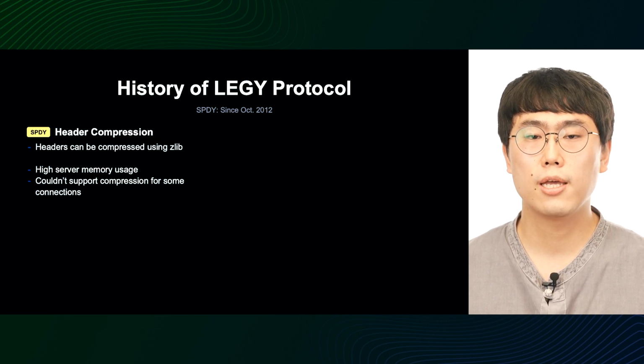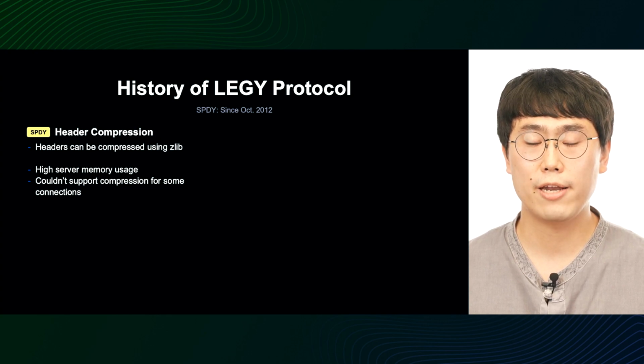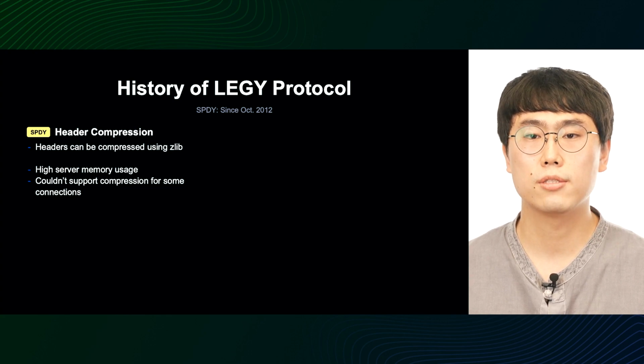The first one is header compression. SPDY reduces the size of HTTP headers by compressing them because a request might carry big headers. This was good for reducing network bandwidth, but it led to high memory usage for LEGY for storing compression states.